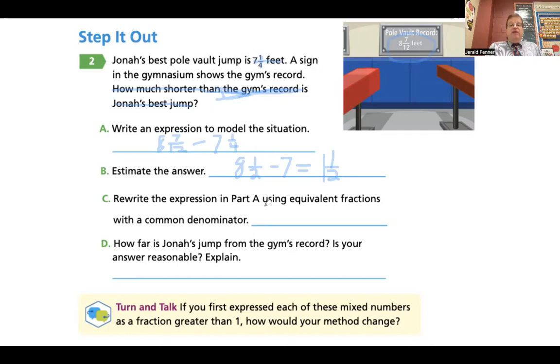So it says rewrite the expression in part A using equivalent fractions with a common denominator. So we're going to once again do that over here on the side. 8 7/12 minus 7 1/4.